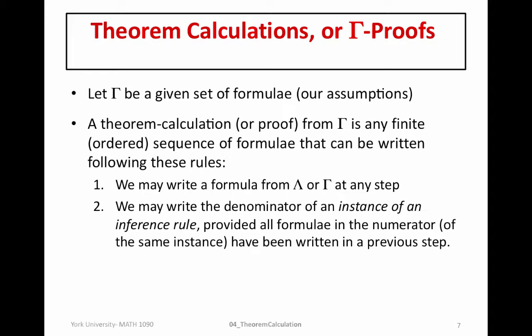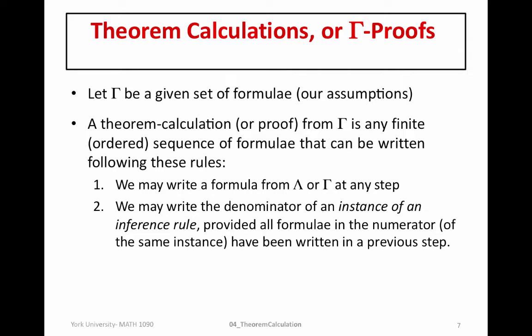That means that we can write any axiom or any of our assumptions at any step of a theorem calculation. And the second rule is that we can write the conclusion of an instance of an inference rule, or the denominator of an instance of an inference rule, provided that all of the formulae within the numerator of this same instance have been written at a previous step or in previous steps.